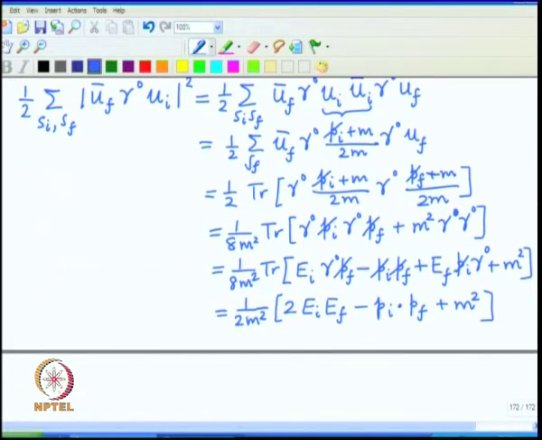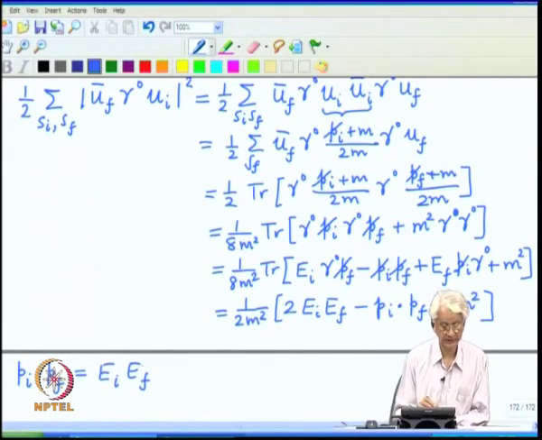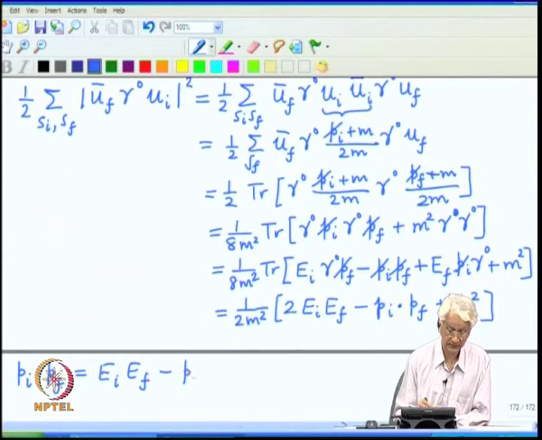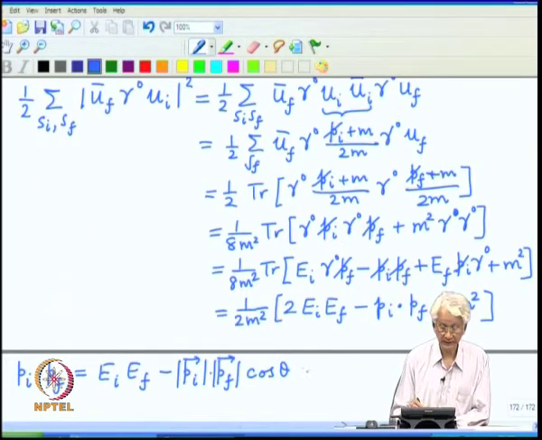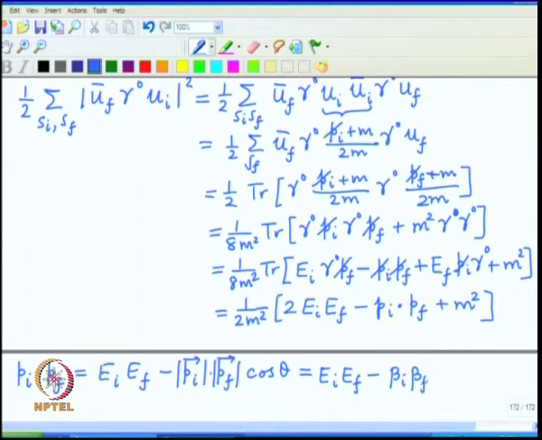And so, let us see, p_I dotted with p_f is E_I E_f, the time component, and the space component gives just the magnitude, minus p_I times p_f times cosine theta, and this can be written as E_I E_f minus beta_I beta_f E_I E_f cosine theta.